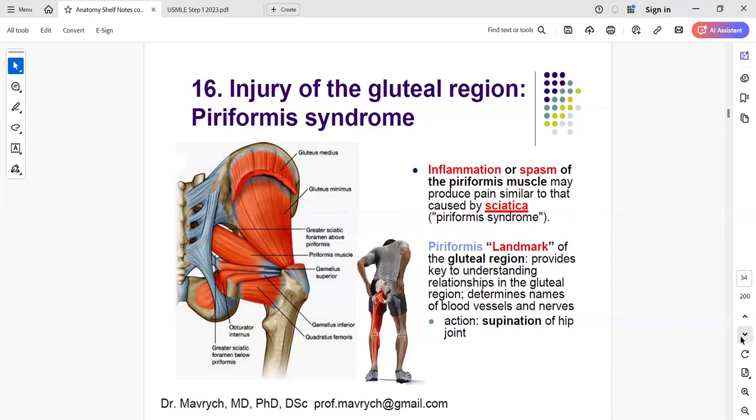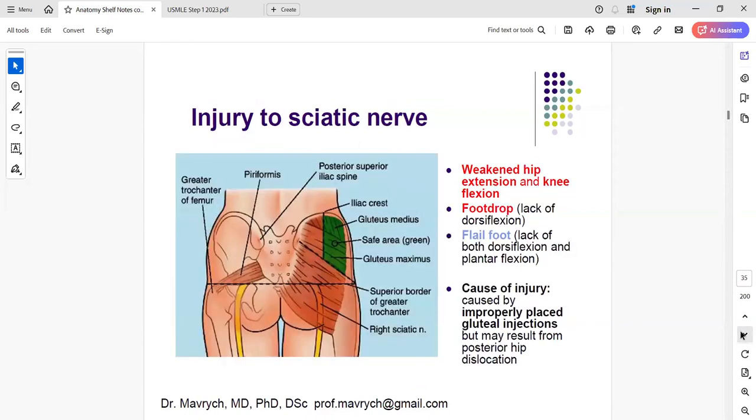So you have to put your thought into it that it could be piriformis syndrome, as the presentation is very similar to sciatica. And supination of the hip joint relieves the pain, sort of. But they don't usually ask this, so don't worry about it.